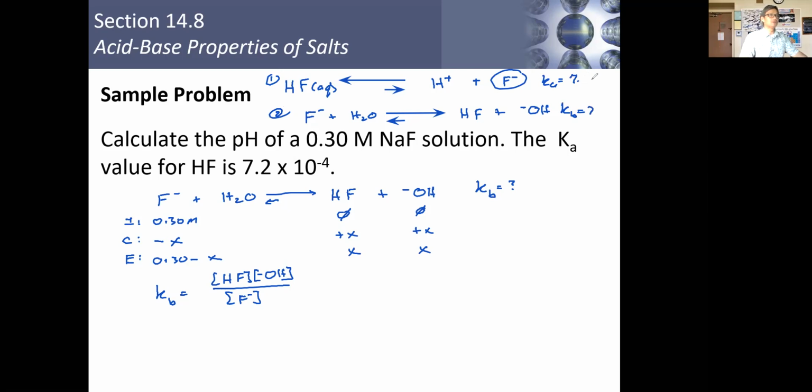We take Kw and divide it by Ka. So that's going to be 1 times 10 to the minus 14 over 7.2 times 10 to the minus 4, and therefore we get Kb.